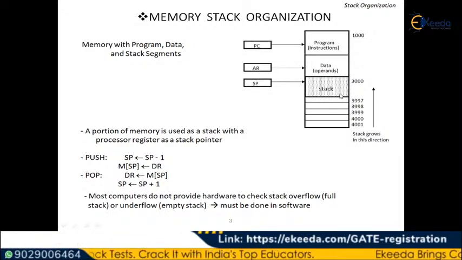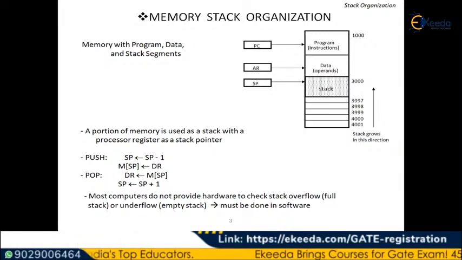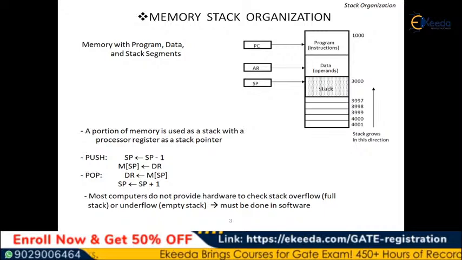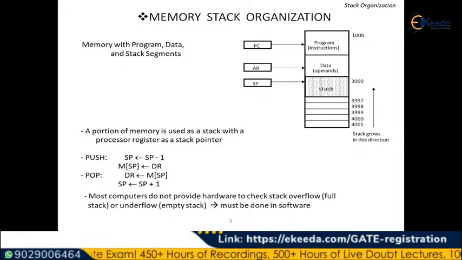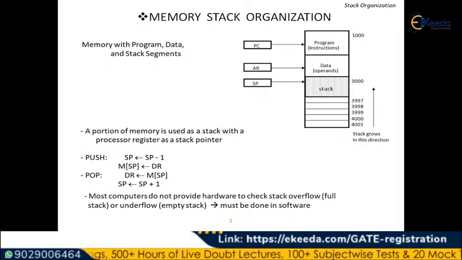First of all, you need to understand why we require a memory stack. Why do we need to design one more stack in the main memory? This is purely because every process being executed will require its own specific stack. Whenever you write a program, that program will have its own specific stack.